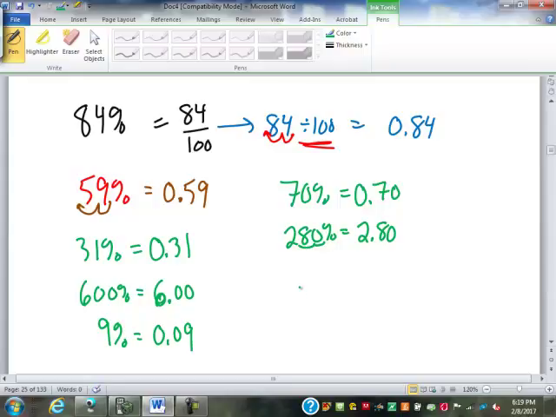Gotta go 2 spots, remember. 7.3%. Perfect. 0.073.